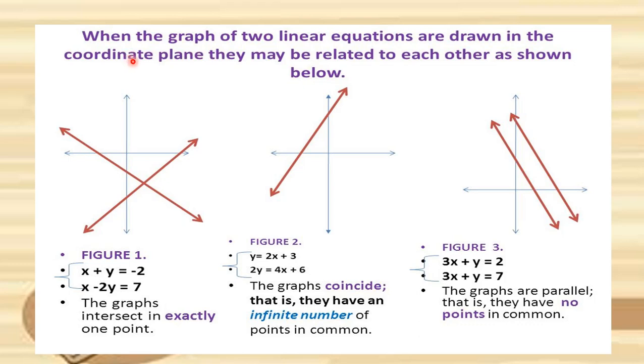The graphs of two linear equations are drawn in the coordinate plane, and they may be related to each other as both the equation lines intersect exactly at a point, or they coincide with each other, or they will not intersect each other. That means they are parallel lines.